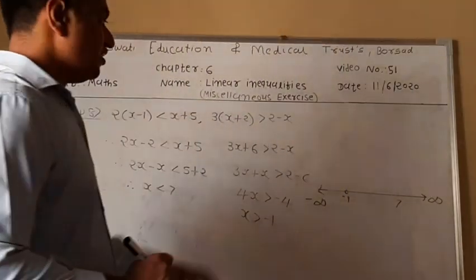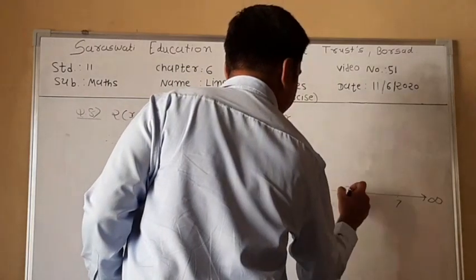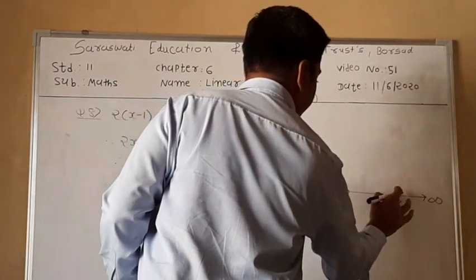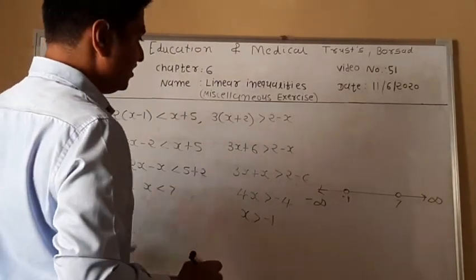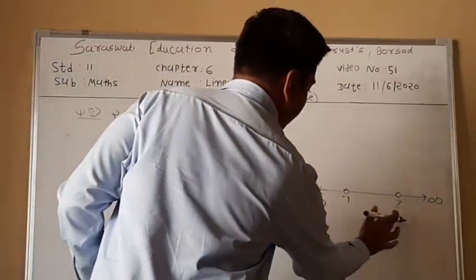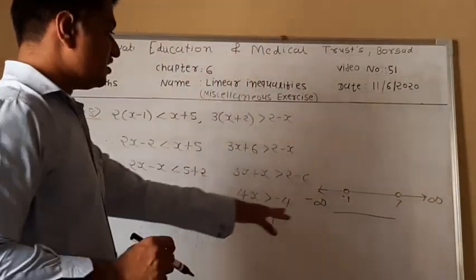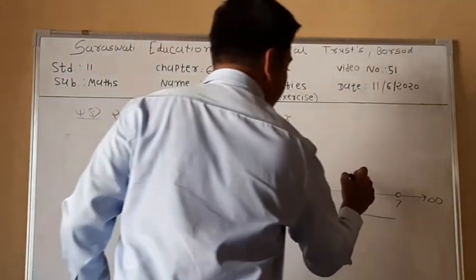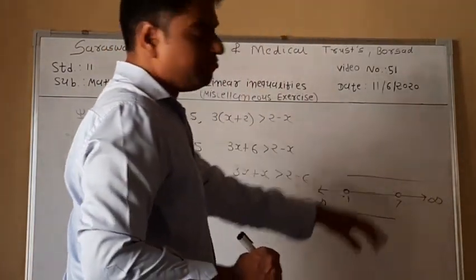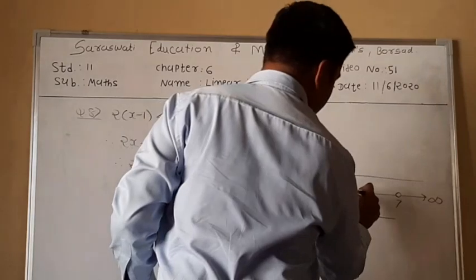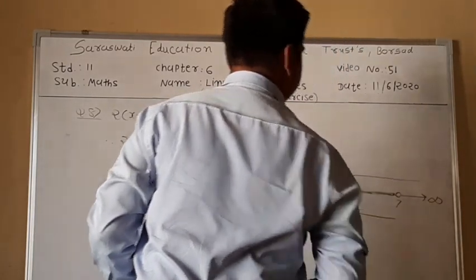Since it is strictly greater, we draw a hollow circle, and in the same way here a hollow circle. Now x less than 7 means this arrow is going left side, and x greater than minus 1 means this arrow is going right side. So the common portion is between minus 1 to 7. So our shaded portion is this portion.